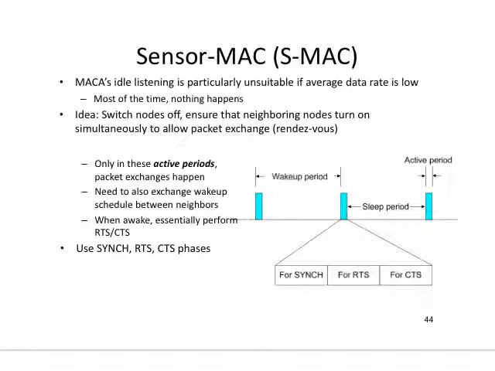SMAC, or Sensor MAC, tries to create some synchronization between the nodes that are otherwise asynchronous. The idea here is that the only way for us to optimize our sleep periods is to have some synchronization between us, because then I know when to sleep and when to wake up.